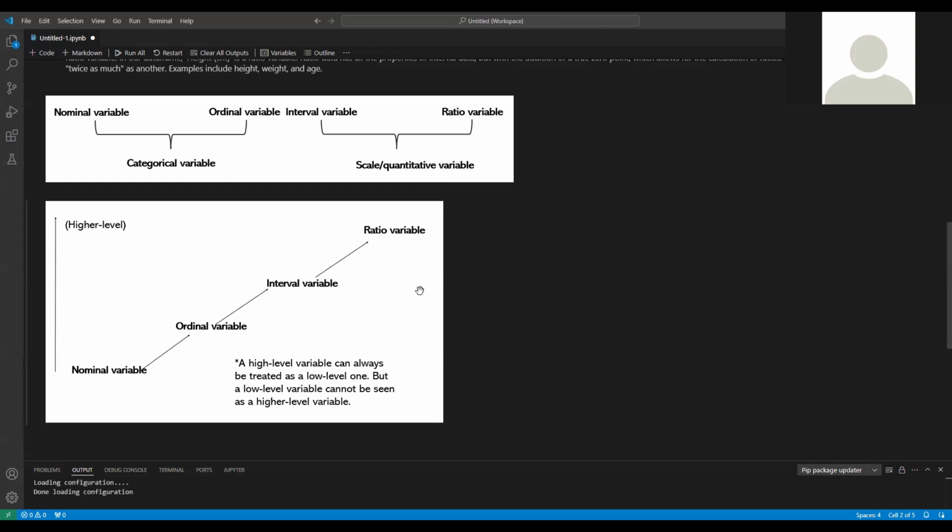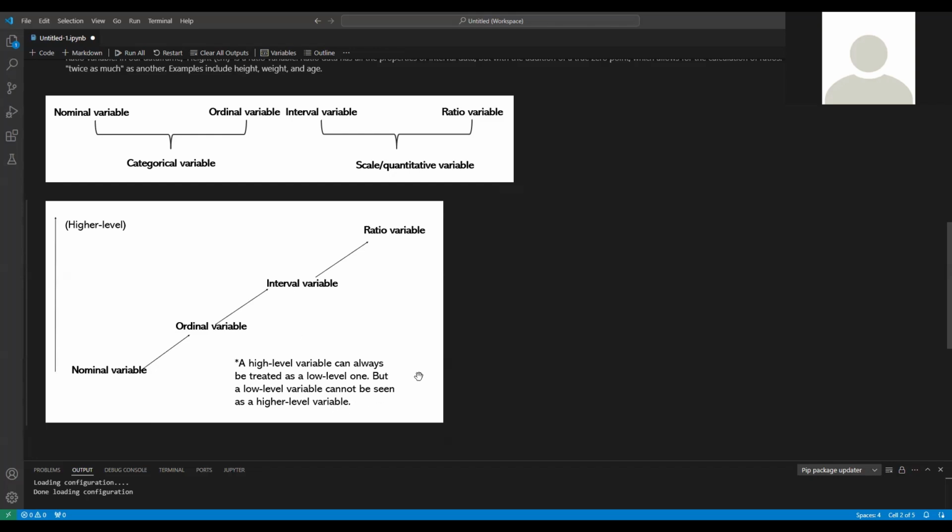Usually, scale variables are considered a higher level than categorical variables. So interval and ratio variables are considered higher level than nominal and ordinal variables. When comparing these four types, ratio variables are the highest level, followed by interval variables, then ordinal variables. Nominal variables are seen as the lowest level.